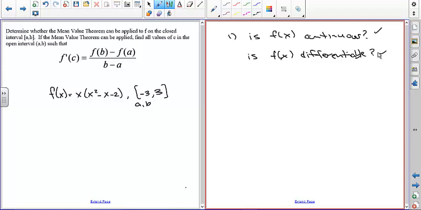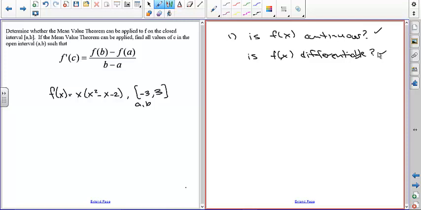This is early in chapter 2. The following statements summarize the relationship between continuity and differentiability. If a function is differentiable, then it is continuous, so differentiability implies continuity. It is possible for a function to be continuous but not differentiable. Yeah, that's true.